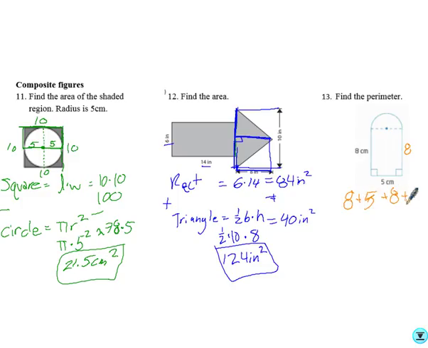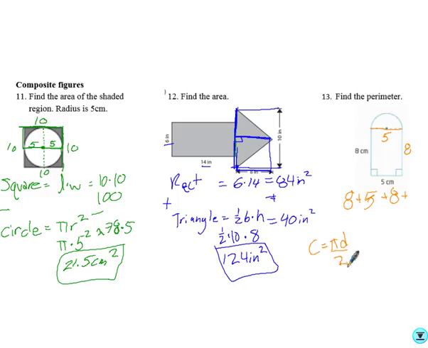And then we just need to figure out what is this piece right here. For circumference of a circle, that is pi d, because we know that the diameter of the circle is 5. And then we're not doing the whole circle, we're doing half of it.